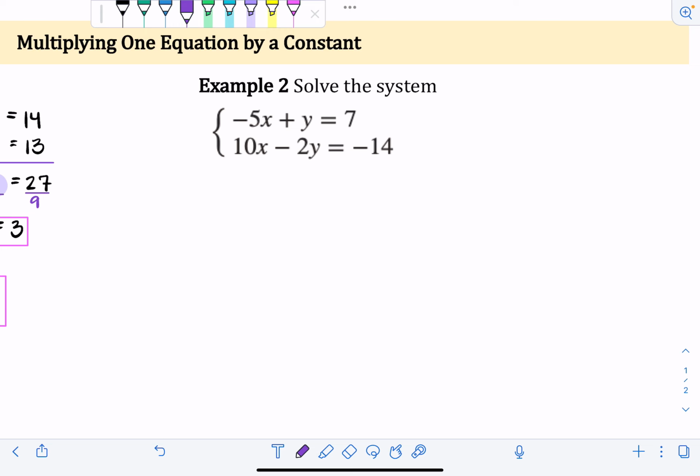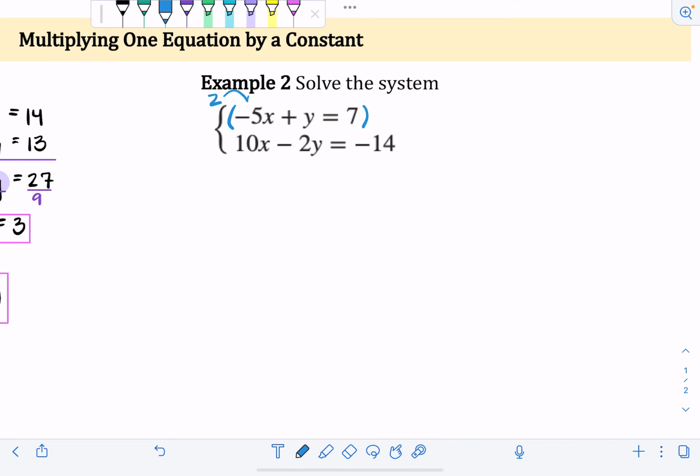We'll talk about what those solutions look like once we finish. So I'm going to take the first equation and multiply it by 2, either because I want this negative 5 to become a negative 10, so those match up, or I want this y to become a 2y, so those match up. Does not matter which way you look at it at all. So this will become 2 times negative 5x. 2 times negative 5 is negative 10, and then the x stays the same.